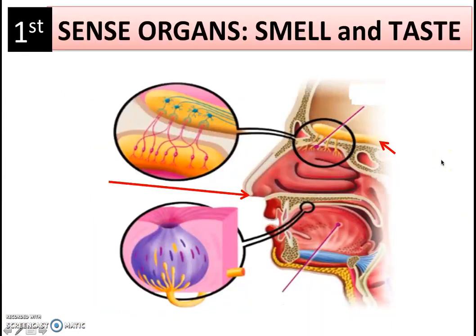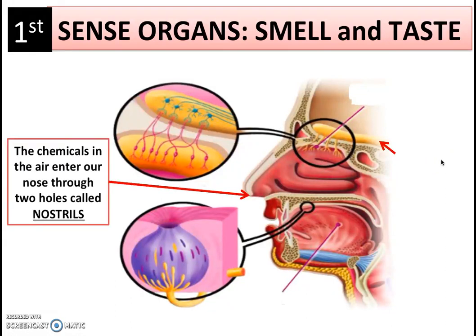Now, we are going to talk about smell and taste. So, first of all, smell, el olfato. The chemicals in the air enter our nose through these two holes that we have in our nose, that are called nostrils.